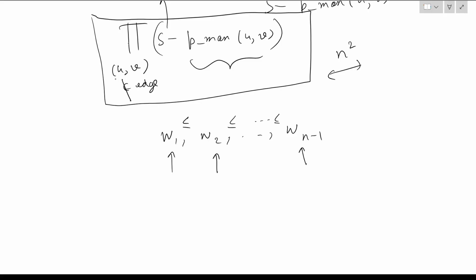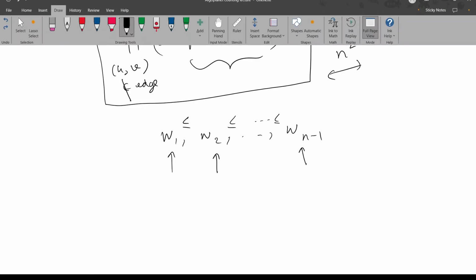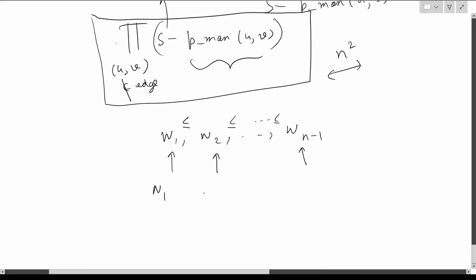So let's say that over all the pairs of the graph that don't go over that edge, let's say there are n1 ways to choose a vertex u and a vertex v such that the maximum along the path from u to v is w1.